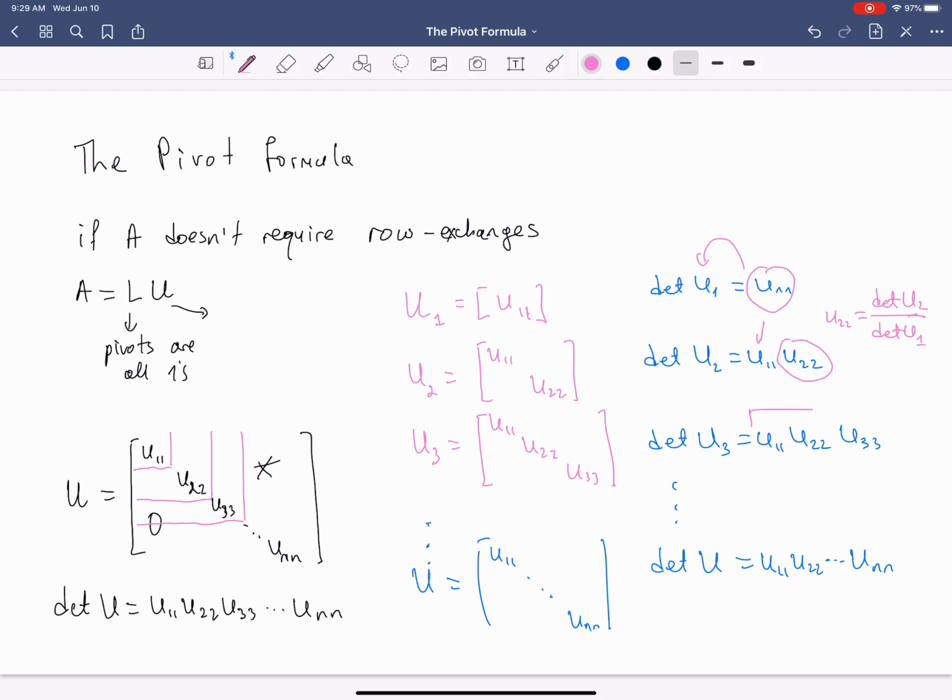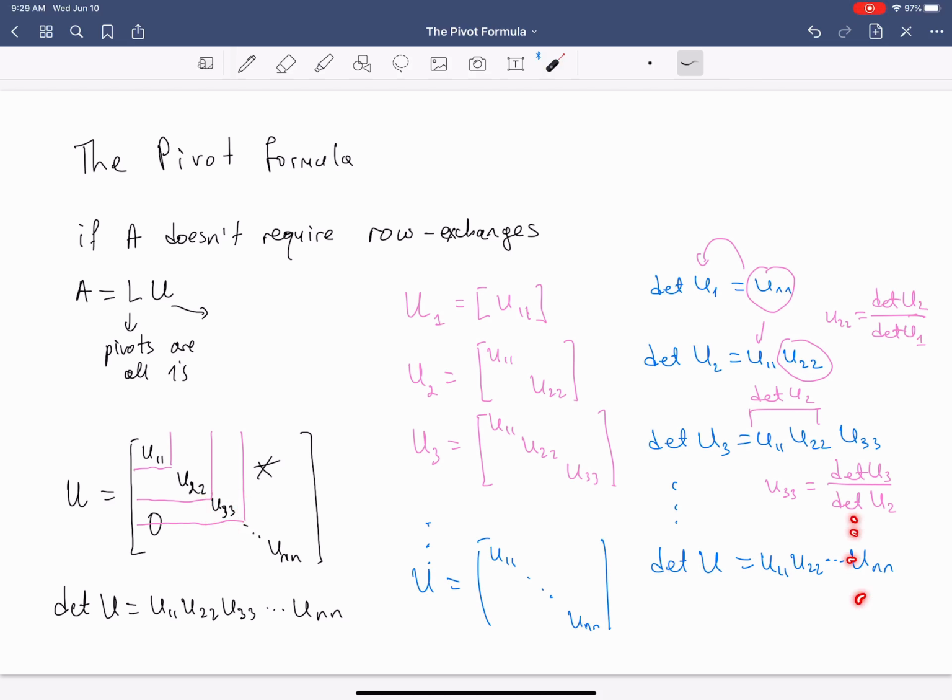Now, this part is the determinant of U2, which means that U33 equals the determinant of U3 over the determinant of U2. So again, what were U3 and U2? So here's U2, here's U3. So if I divide this determinant by this determinant, I'm going to find that pivot.